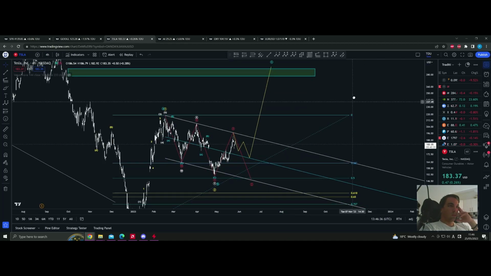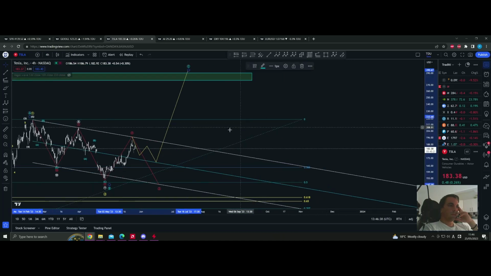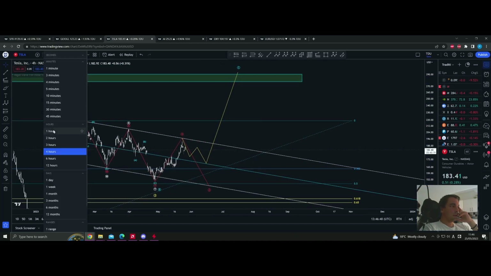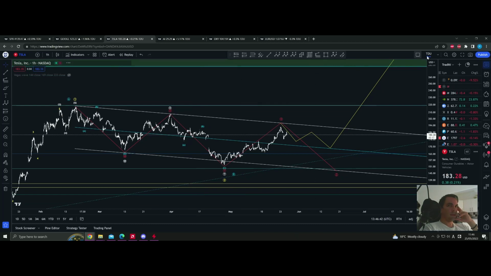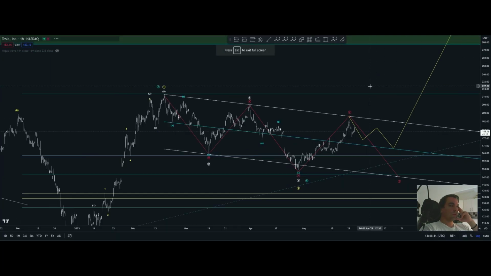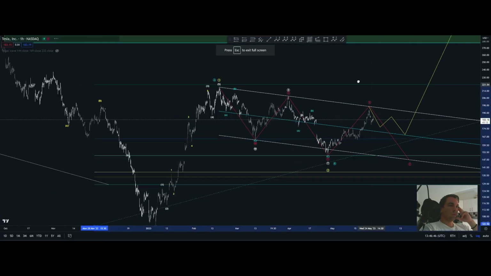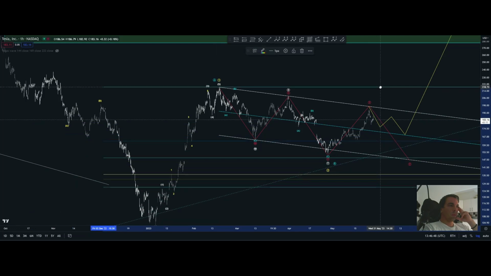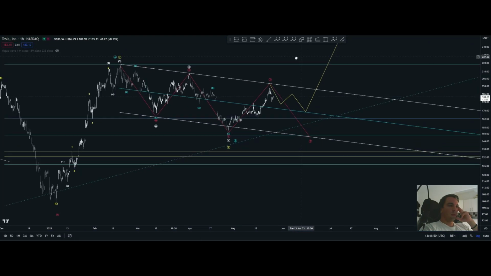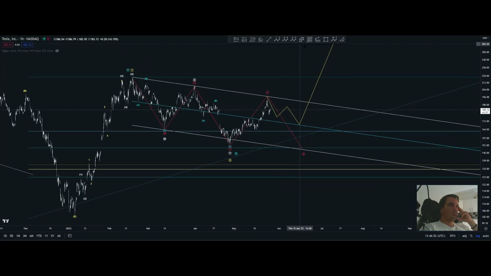It doesn't have to. It can just be a C. For the moment, what I see on this asset, I see a 3 wave move here.